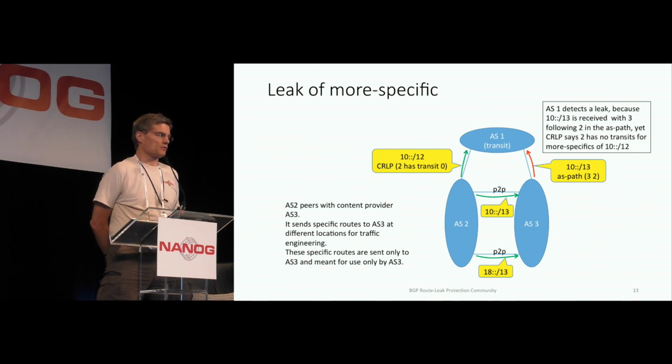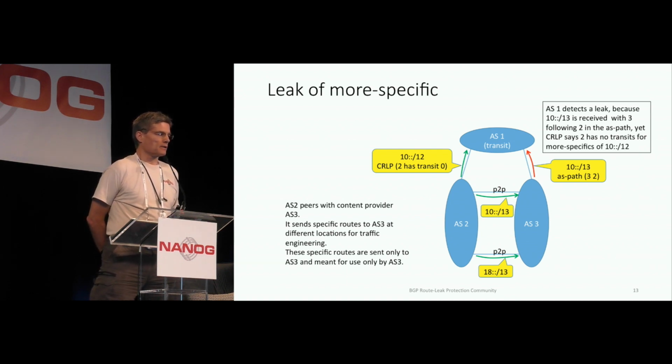But he splits that prefix into 10.0.0.0/13 and 10.8.0.0/13, because he wants part of the traffic from AS3 to come across the top and other parts of the traffic to come across the bottom. So that's how he achieves that.